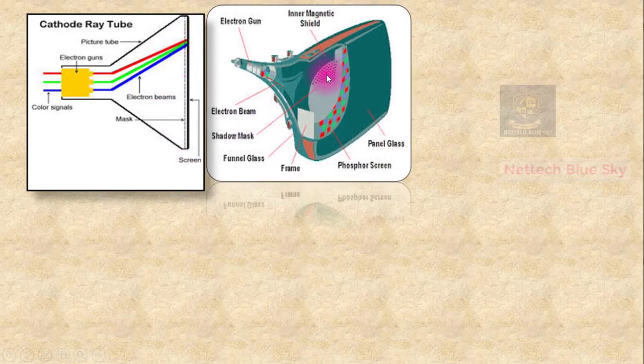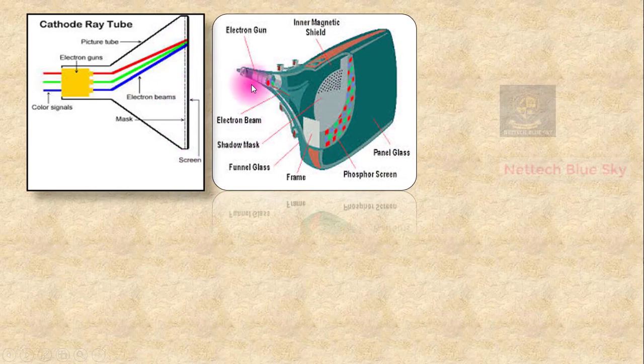This is the color CRT monitor technology inside: the electron gun, you can see here, in these electronic beams. Then the inner magnetic seal, you can see here, and the shadow mask. The shadow mask is one type of fix for the line by line beams here.